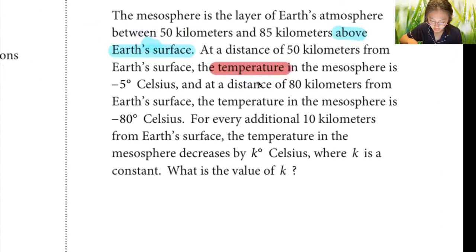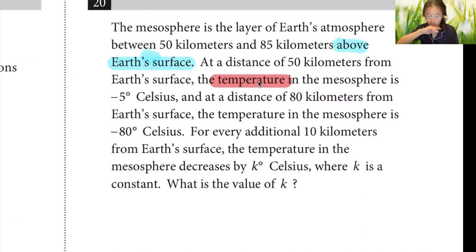The mesosphere is the layer of Earth's atmosphere between 50 kilometers and 85 kilometers above Earth's surface. So this is just background information, but you should know what we're talking about because there are similar numbers here. At a distance of 50 kilometers from Earth's surface, the temperature in the mesosphere is -5 degrees Celsius.